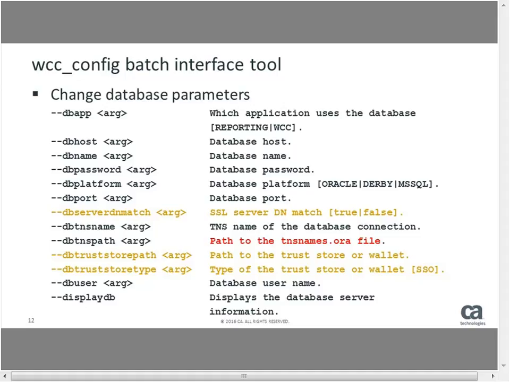Previously, it was full path to the file which holds the TNS definition, including the file name, but since now it's only path to the directory where the file is. So that's the difference. And if you will be upgrading from older WCC version, which will have the full path, including the file name, WCC 11.4 SP3 will just trim this path up to the directory where the file is located.